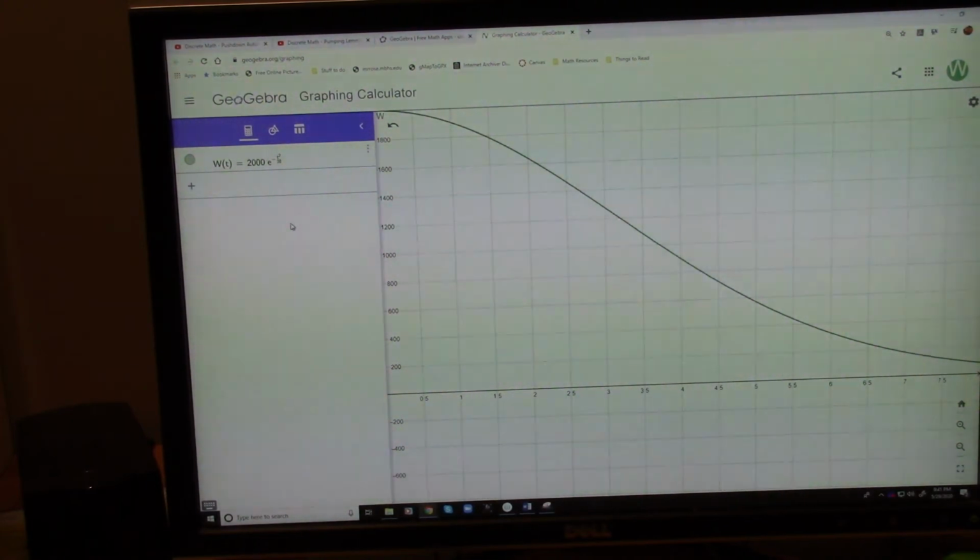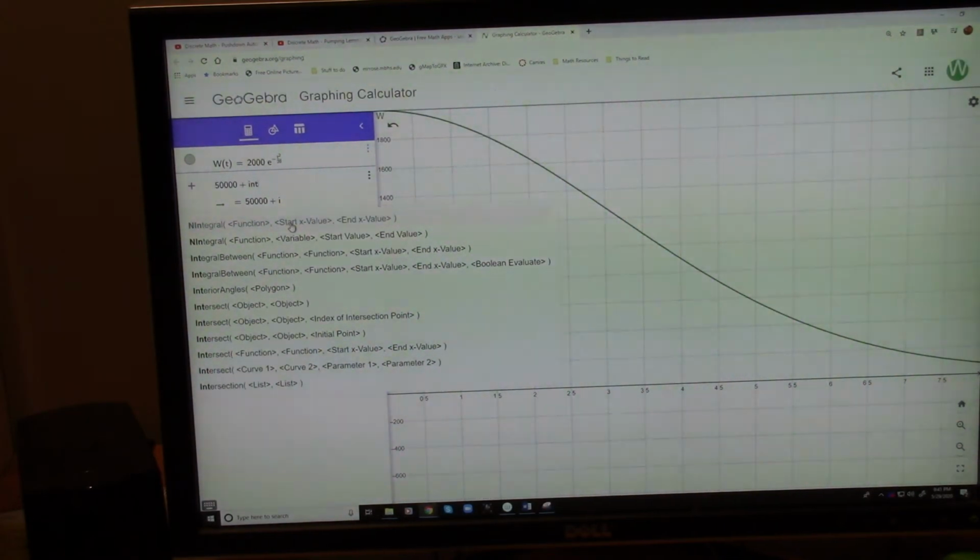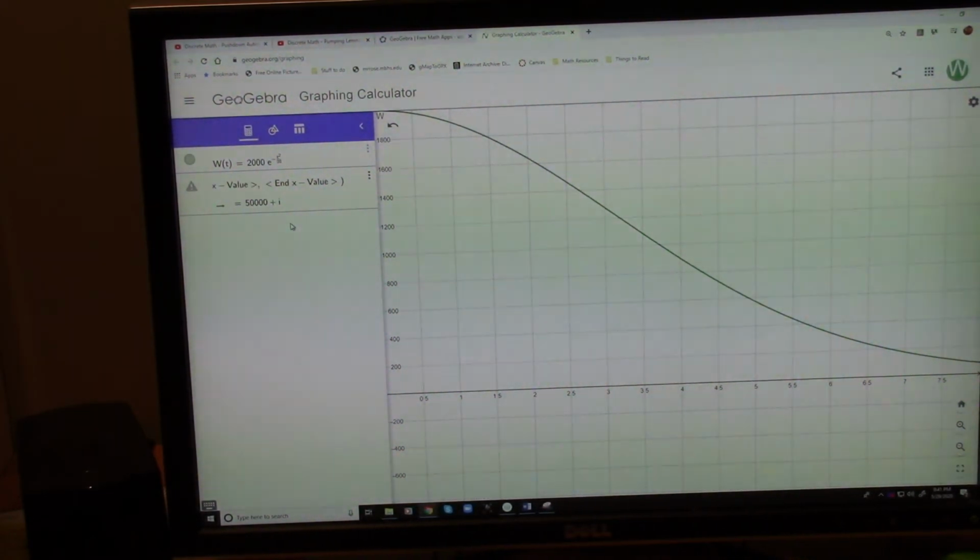So what I actually did was 50,000 plus, this is part C now, plus the integral from 0 to 8 of the function I want to integrate, which is W. Still haven't totally mastered this, but I want to do numerical integral of W from 0 to 8, and then subtract the answer we got from part B, which is 8050.